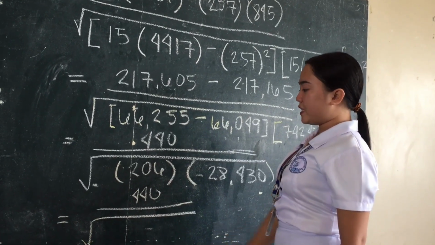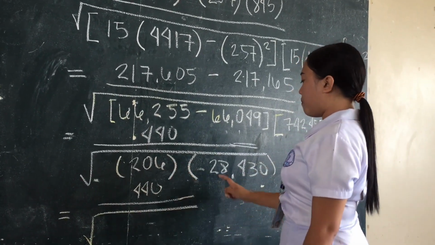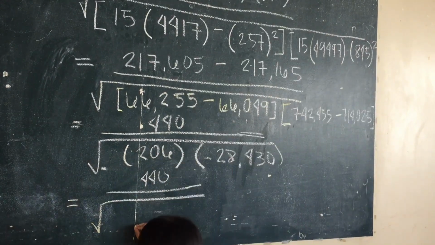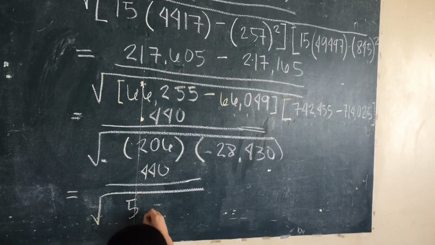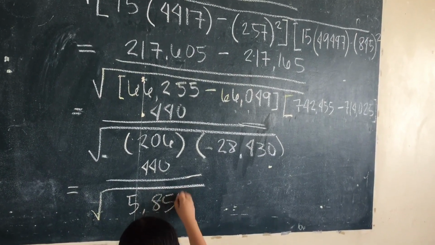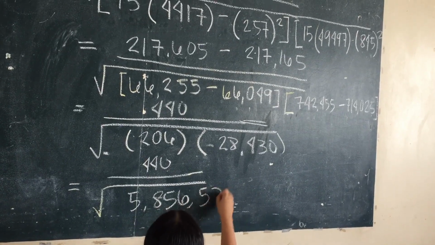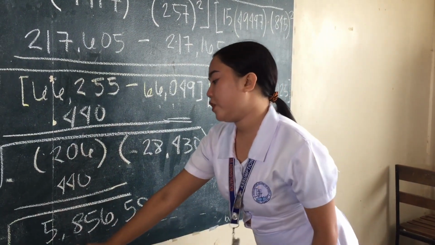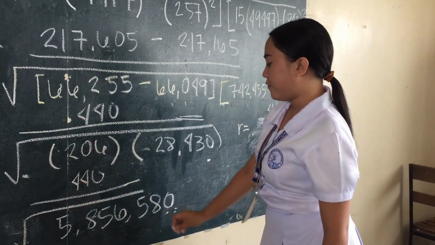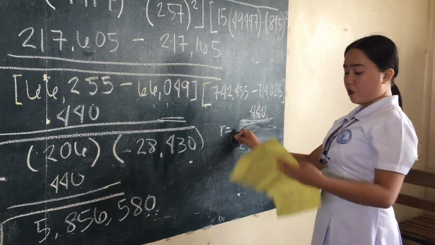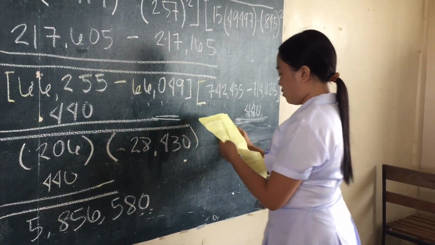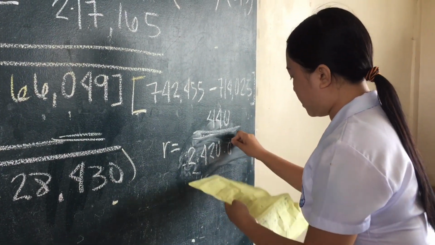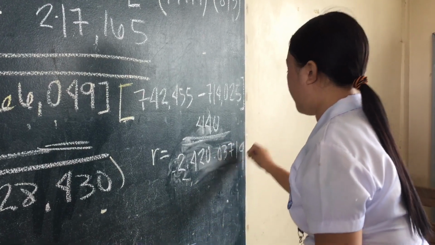After that, we need to multiply 206 times 28,430, which is equal to 5,856,580. After that, copy the 440 and get the square root of 5,856,580, which is equal to 2,420.03719.